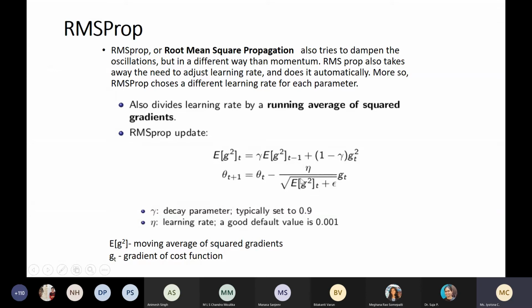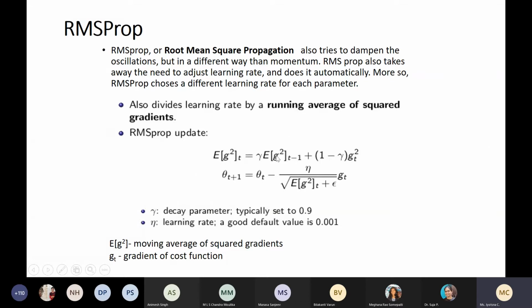So how is E[g square] at T calculated? Here we have another constant called the decay parameter, gamma, multiplied by E[g square] of the previous step, that is the previous sum of squared gradients, plus 1 minus gamma into g t square. So this is E[g square] of T.